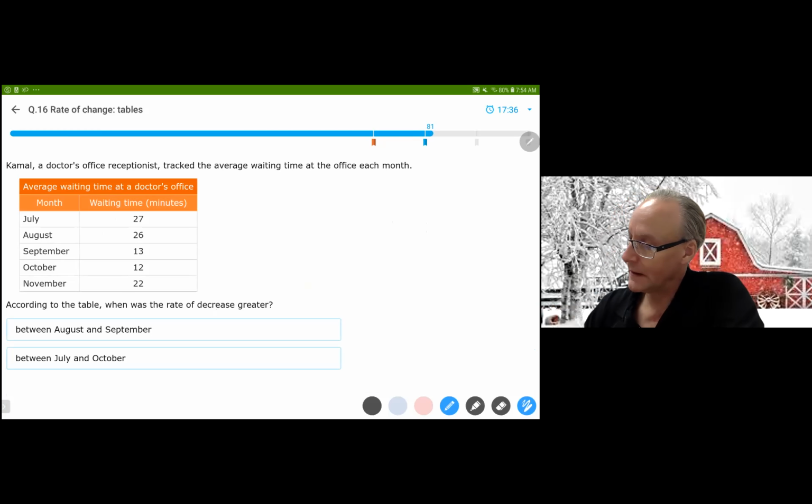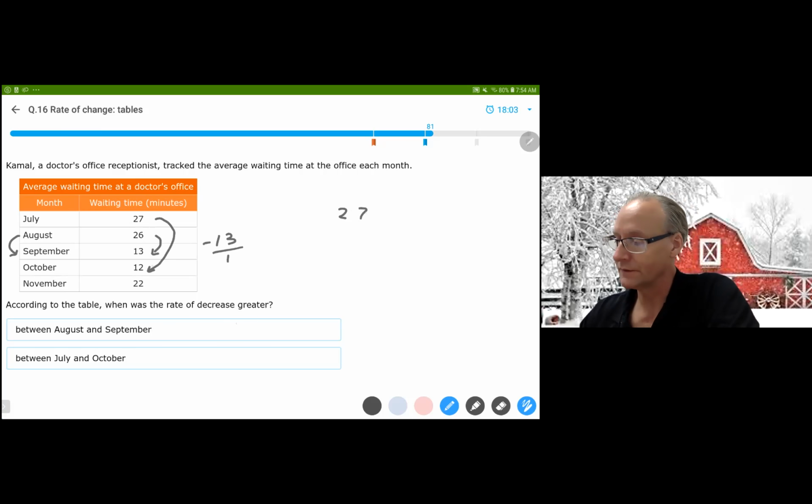All right, waiting time. According to the table, when was the rate of decrease greater? Between August and September. So August to September, we went down 13, didn't we? From August to September, that's over 1 month. Got it? And July to October, from July all the way to October, we went down 27.